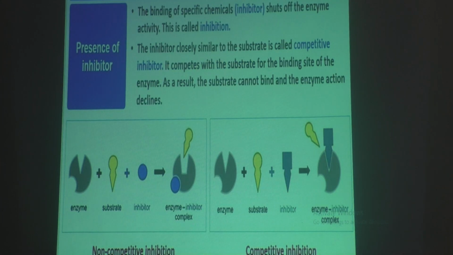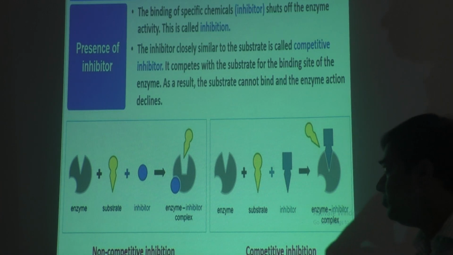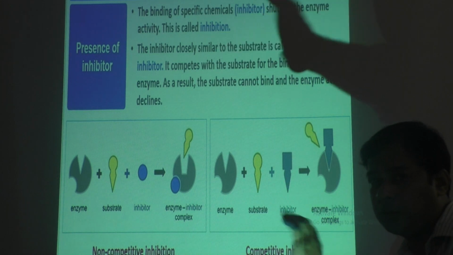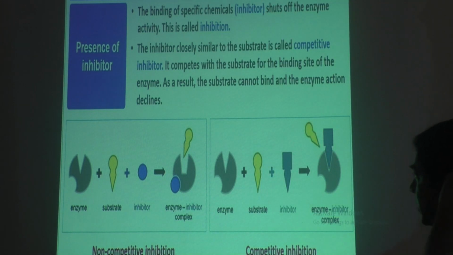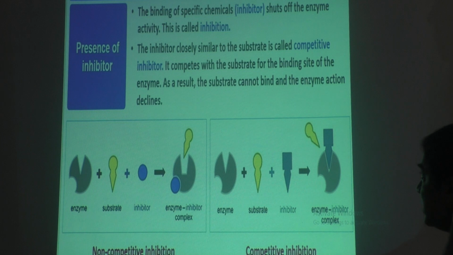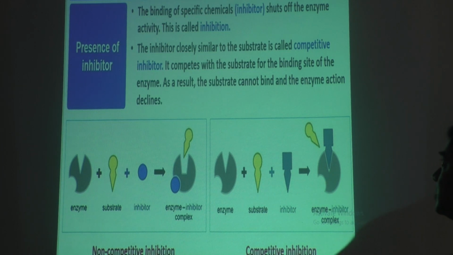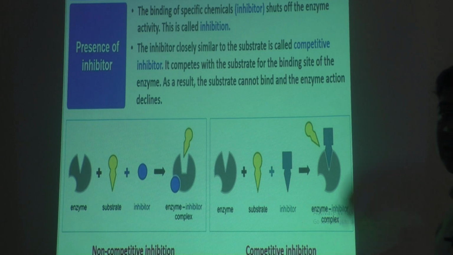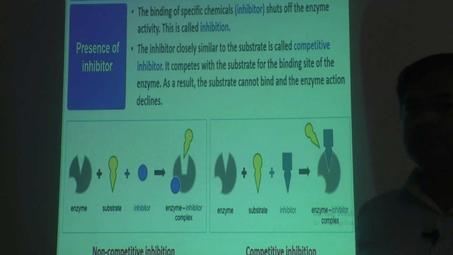One more factor affecting enzyme activity is the presence of an inhibitor. The name itself says inhibitor, meaning it stops the reaction. Now, the binding of specific chemicals called inhibitors shuts off the enzyme activity. This is called inhibition. Shut off means completely stops enzyme activity.